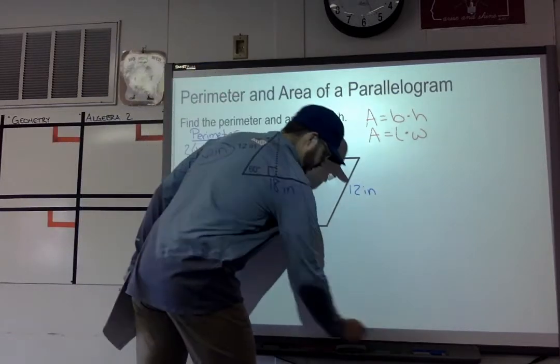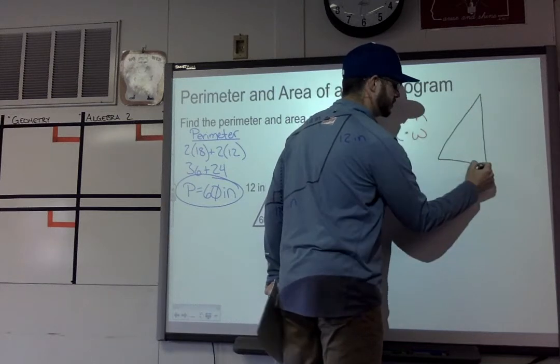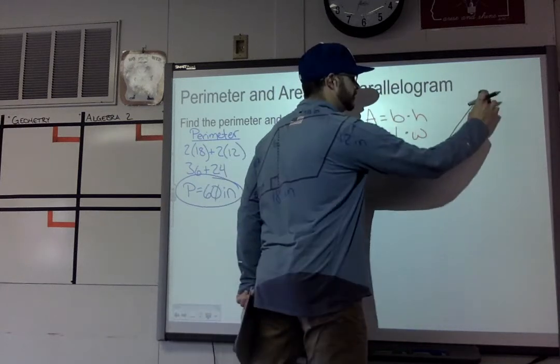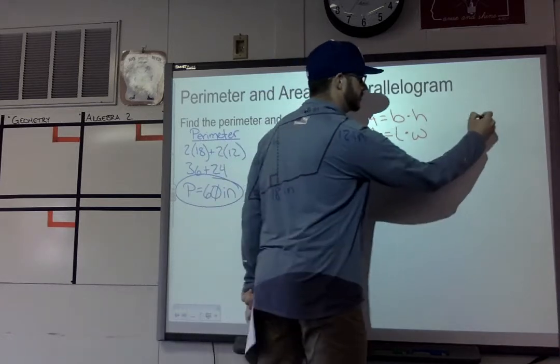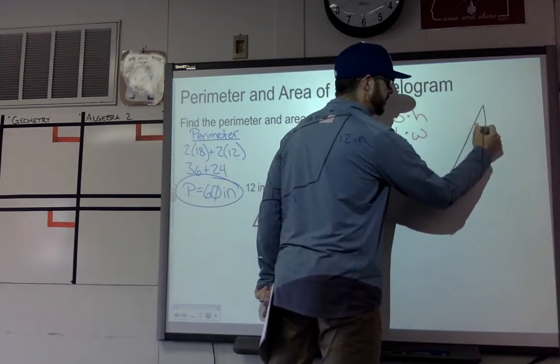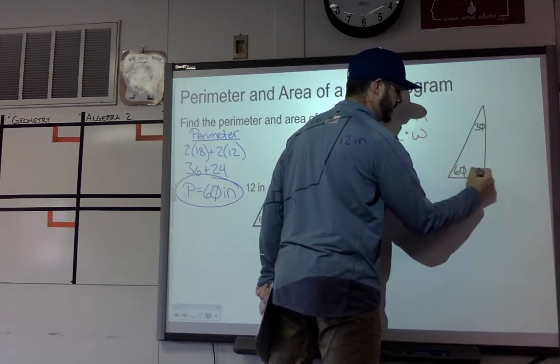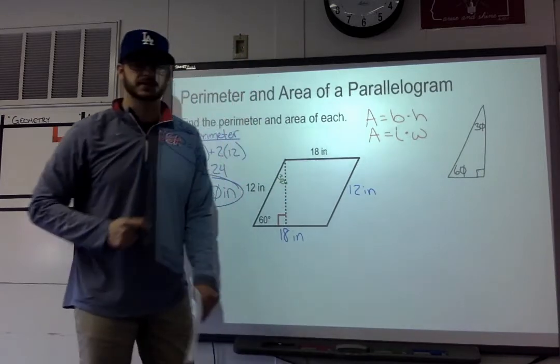If you remember, when you're given a 30, 60, 90, draw in the square to show that it's a right triangle.